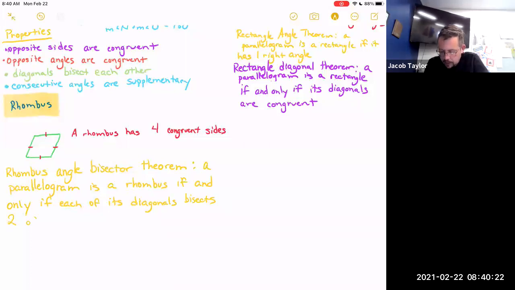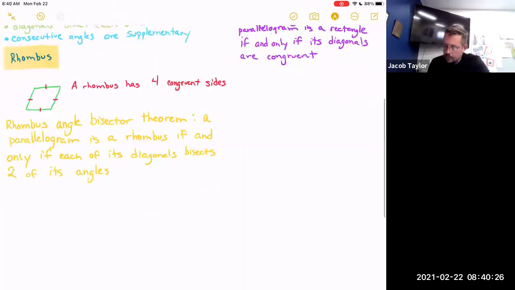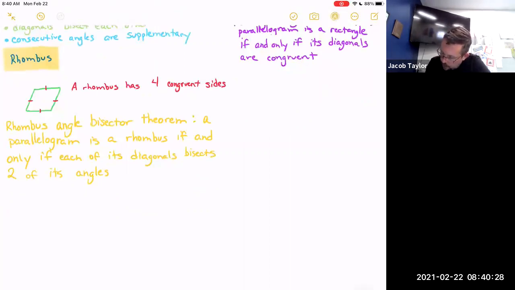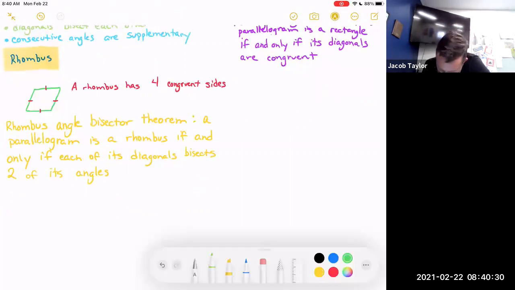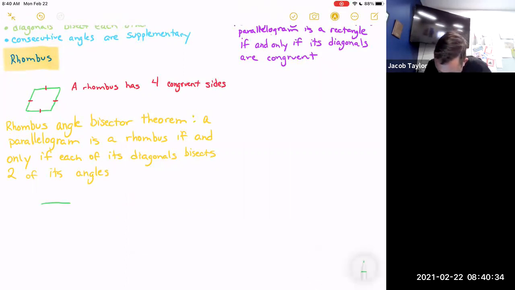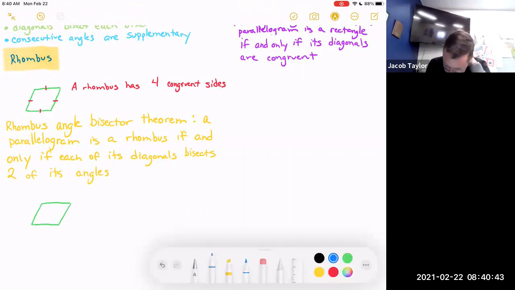And I'll draw a picture of what that looks like because I think the picture maybe is more useful than the words. So write that definition, and then we're going to draw a rhombus. And I'm going to go ahead and put some diagonals in my rhombus.